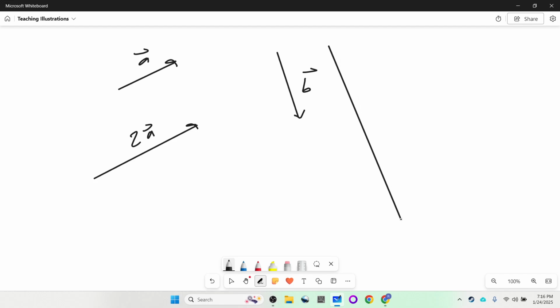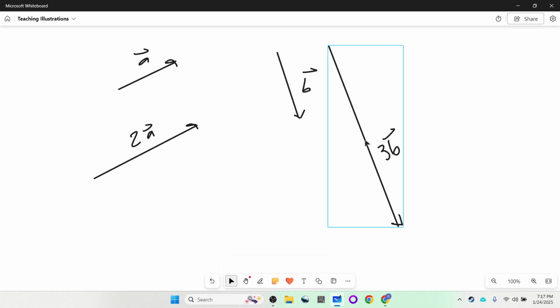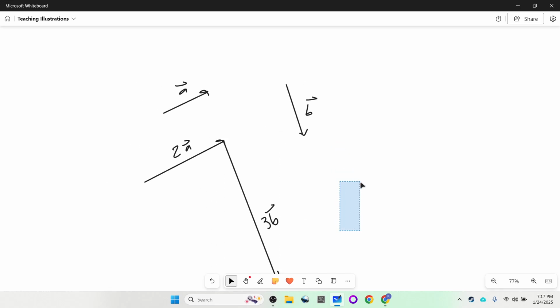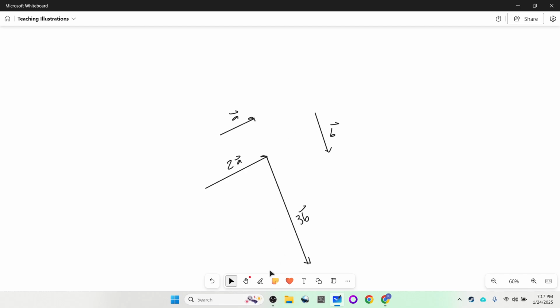Because I'm the teacher, I try to be a little careful here, but I don't expect you all to draw them perfectly. 2A plus 3B then, well, we'll do our tip-to-tail method. We will take our 3B, we'll attach the end of 2A, and then 2A plus 3B will be the shortest vector that connects the beginning to the end. Actually, I guess it's the only vector that connects them.